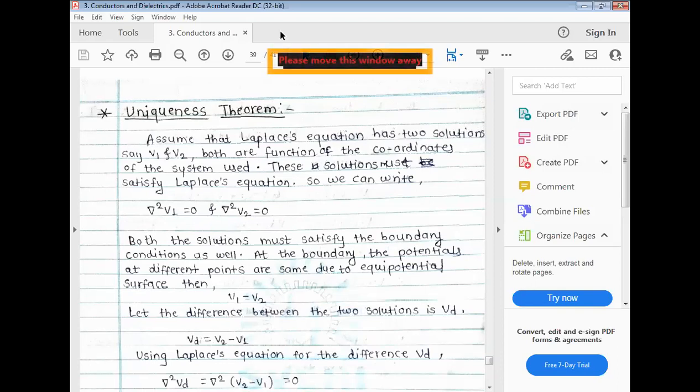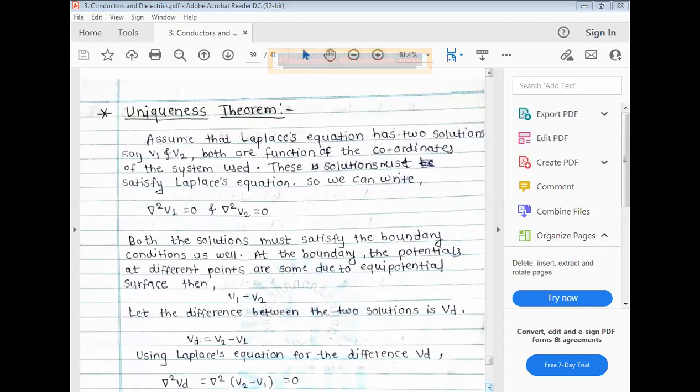What is Poisson's equation? Hmm? What is Laplace's equation? What are you writing in your notebook? Are you taking any notes or not? So, okay.